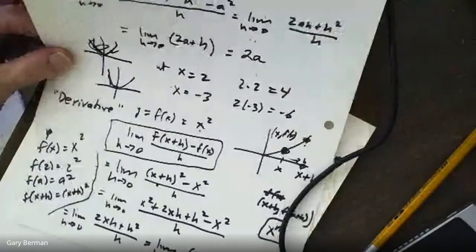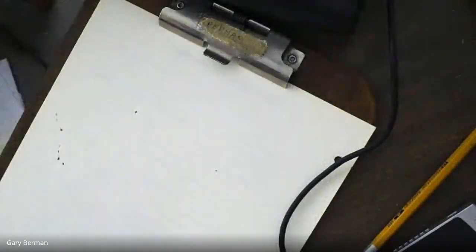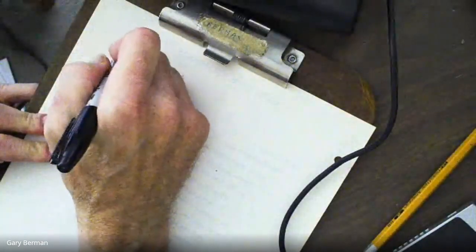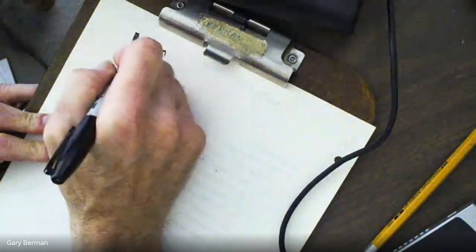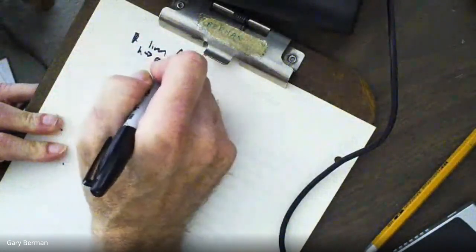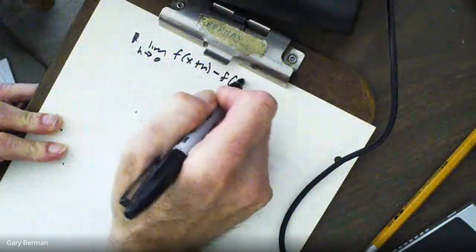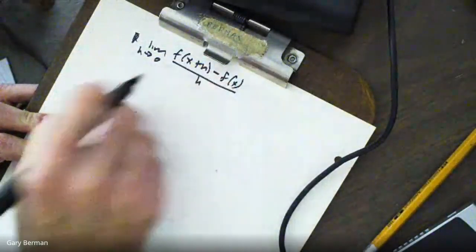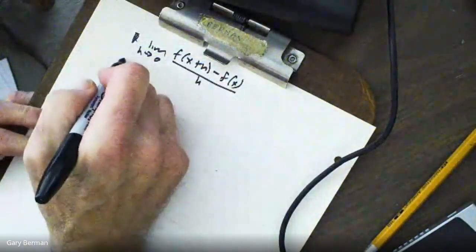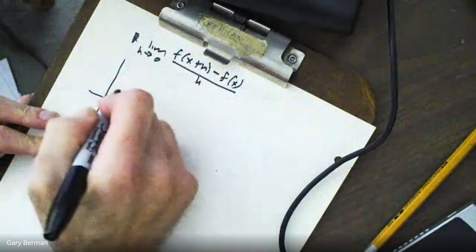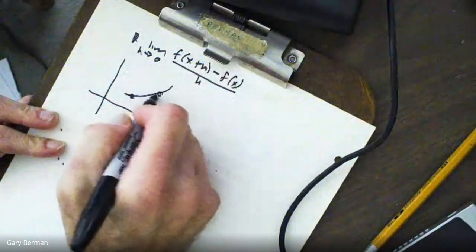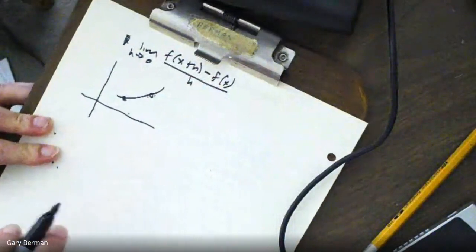Just to make things even more confusing, there is a slightly alternate way. Instead of using the limit as h goes to 0 of f of x plus h minus f of x over h, there is a slight alternative way which is completely equivalent but comes up every so often as useful.